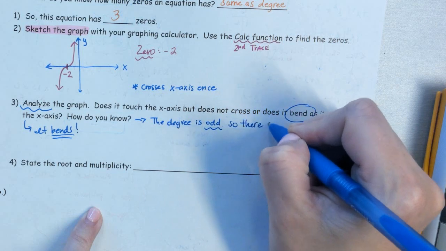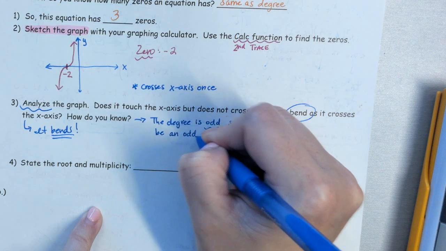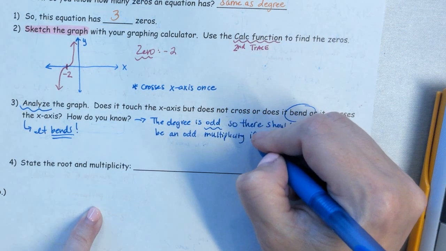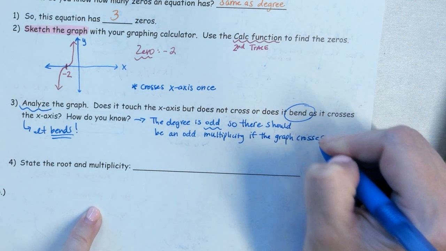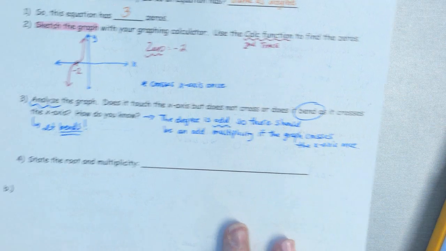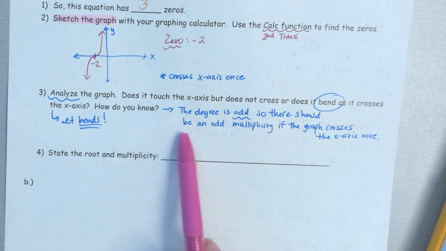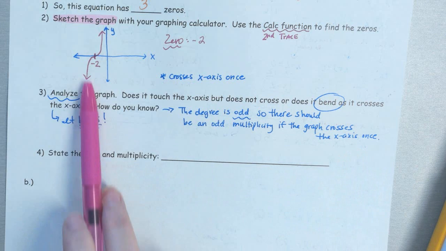So there should be an odd multiplicity if the graph crosses the x-axis once. So the number of times it crosses the x-axis is going to be important. The degree is odd, so there should be an odd multiplicity if the graph crosses the x-axis once. So the root is negative 2.